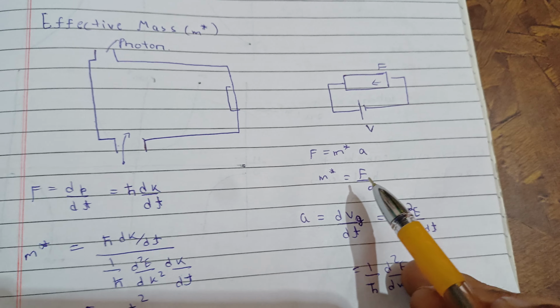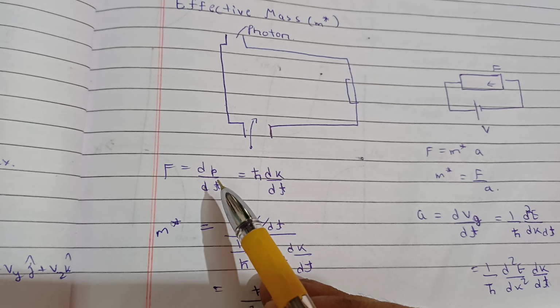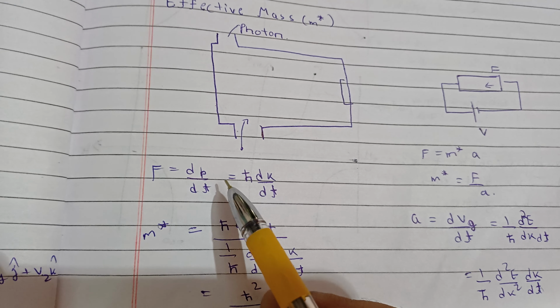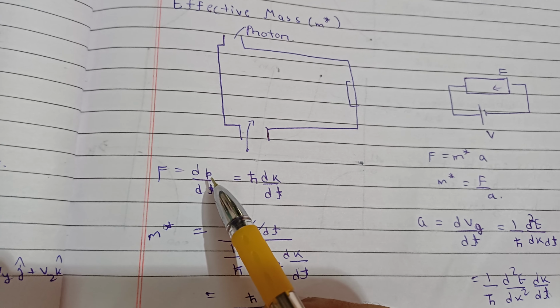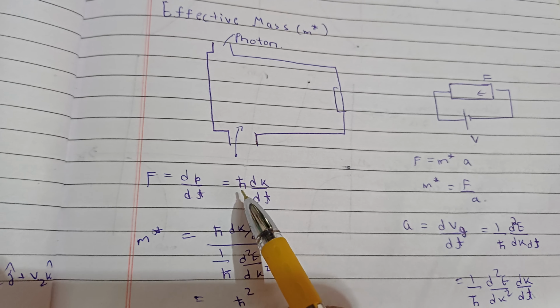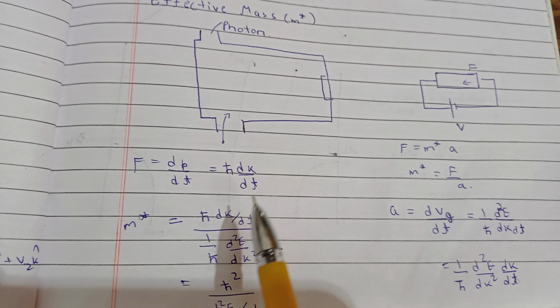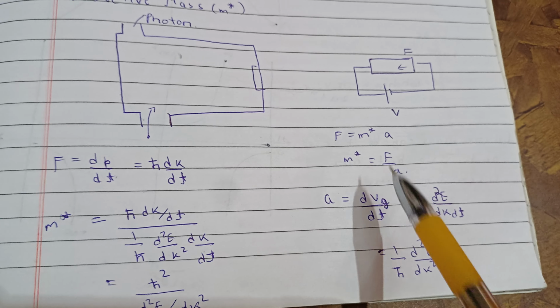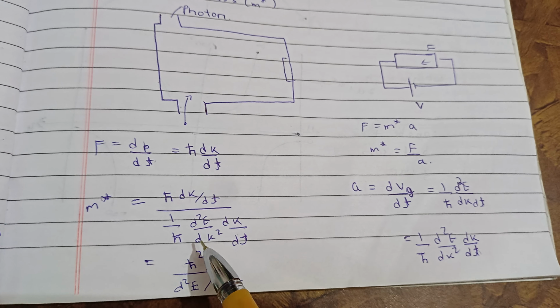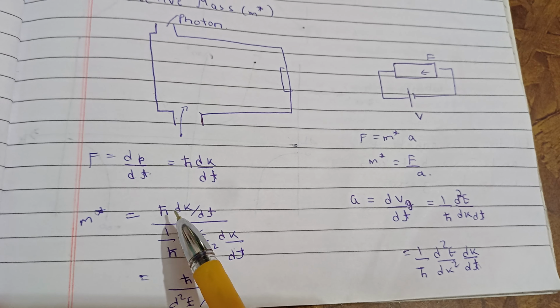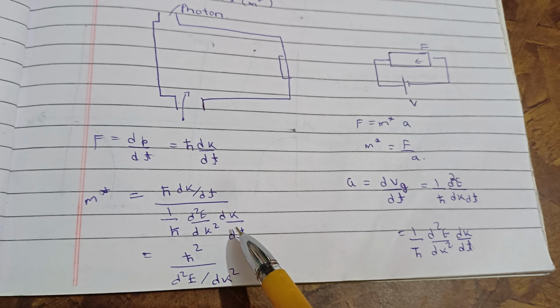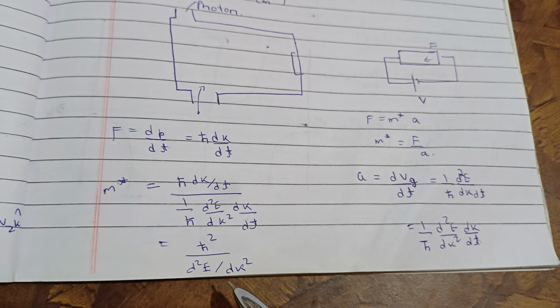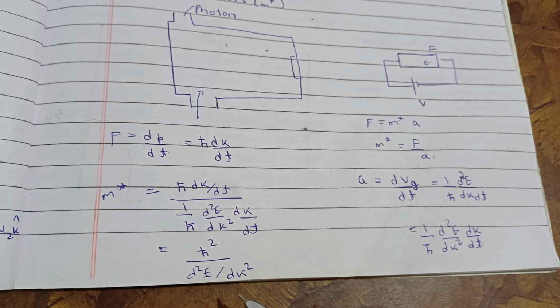Now we need to find the force. Force is nothing but the rate of change of momentum, and we know what p is. p is nothing but h cut k. So we get this expression, h cut dk by dt. Now just substitute the force and the acceleration values here. After substituting we get this. It will be h cut square, and this term will be cancelled out, and in the denominator we get d square E by dk square.